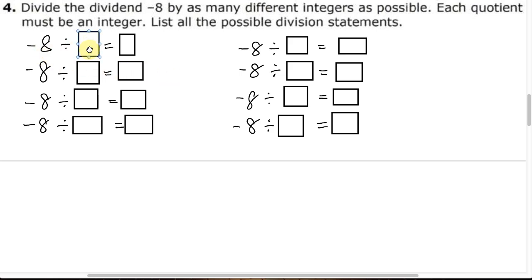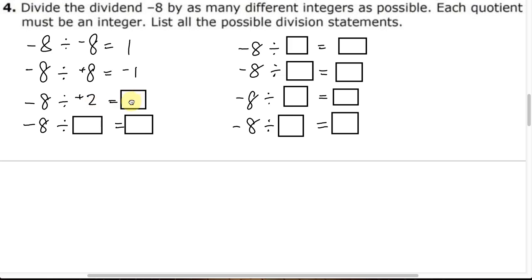So negative 8 can be divided by negative 8. Of course, that should give you positive 1. You can divide it by positive 8 as well. That will give you negative 1. You can divide it by positive 2. That will give you negative 4. Or you can divide it by negative 2. That will give you positive 4.